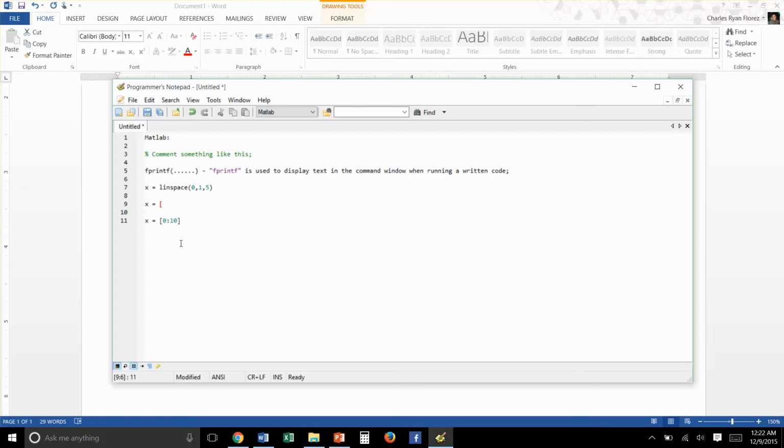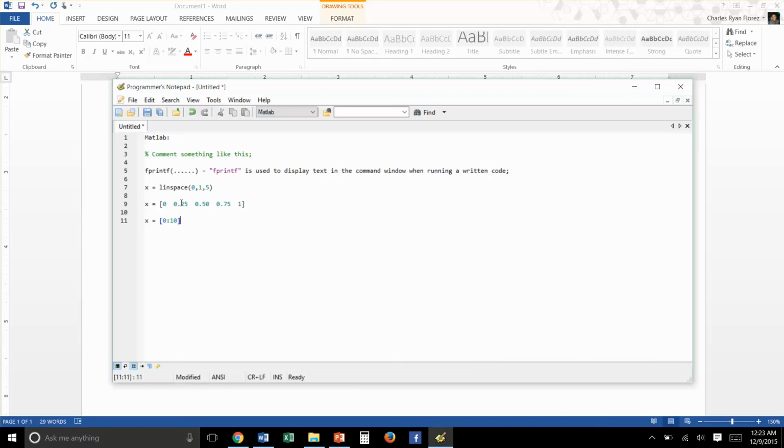So if you type this into Matlab, what you would get is something that looks like this. You'd get 0, the starting value, and then you'd get the rest, because like I said, this is the number of numbers in the matrix.